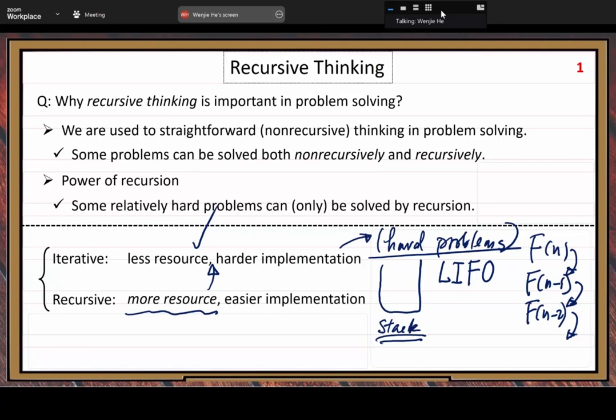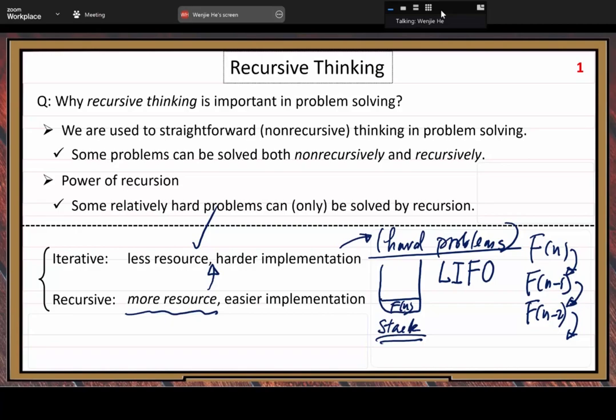First function call, f of n. Its value is not available. So we search our data collection. The function value is not available. Then we put it on hold, so we push it into the stack. F of n not available, so we push it into the stack. It's at the bottom.